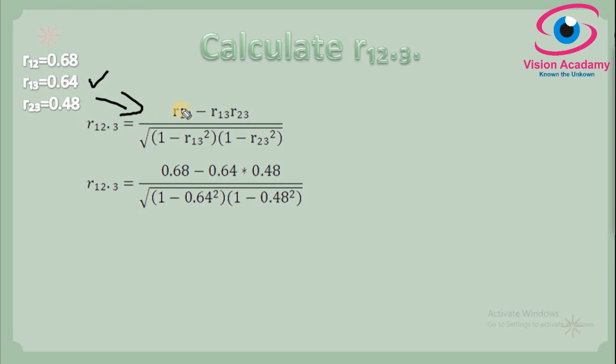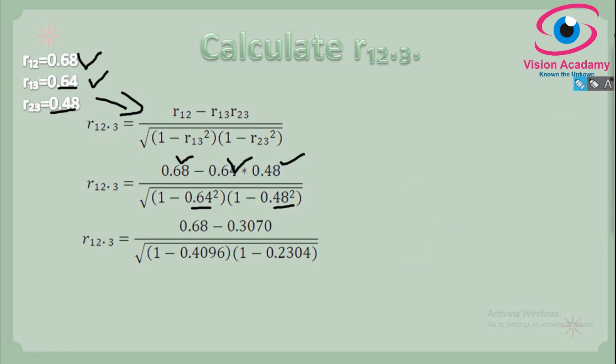When we replace, R12 here is 0.68, I have replaced it here. R13 is 0.64, 0.64 is here. R23 is 0.48. In the denominator, R13 is 0.64, so R13 squared, 0.64 squared, and here R23 squared, R23 is 0.48, so 0.48 squared. So the next simplification is this. 0.64 into 0.48 will be 0.3072.